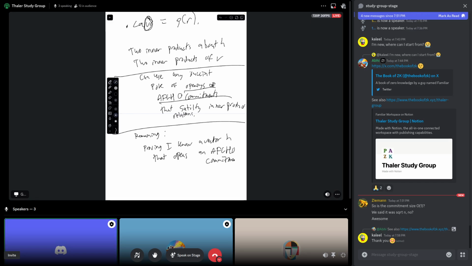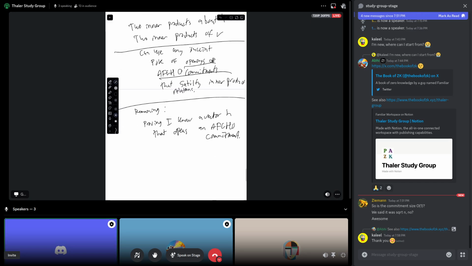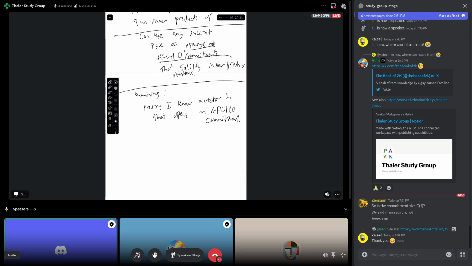This was exactly how I presented bulletproofs. I said, forget about polynomial commitment schemes for a moment. I presented bulletproofs as exactly this, except AFGHO was replaced with Pedersen. And that's also how I'm going to present Dory if I haven't used up all my time today.